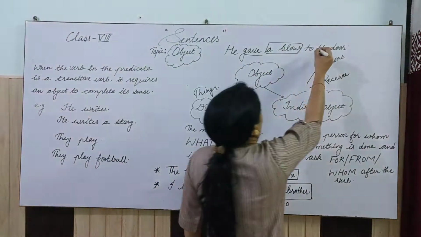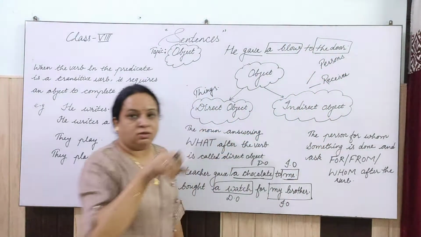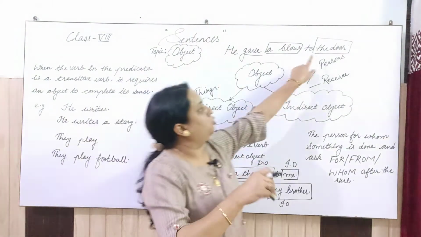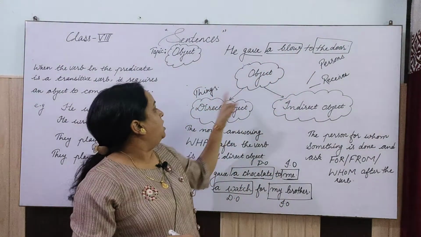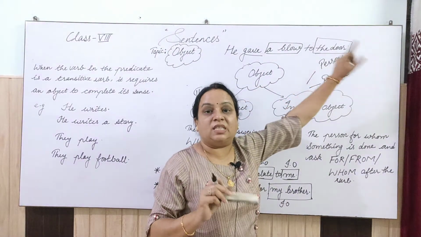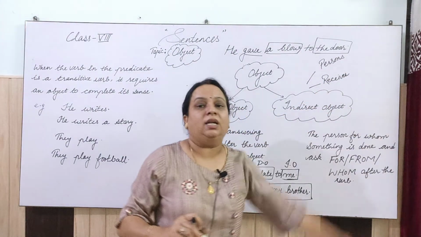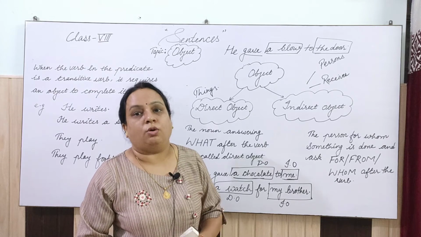Something, no? And the door is a receiver. When I say blow, the door is receiver, and a blow is what here? Thing. So direct object is blow and the door is receiver, so that will be indirect object. So dear students, this is all about objects.